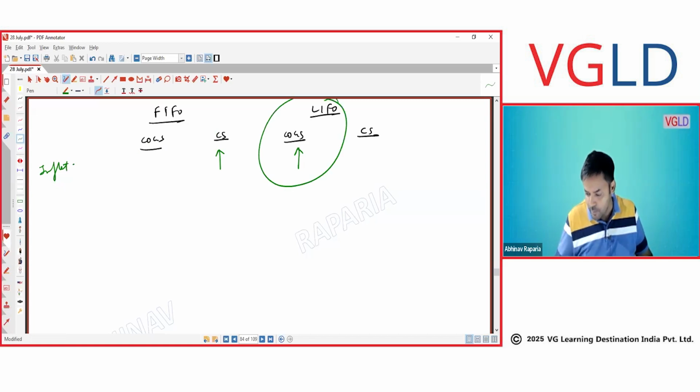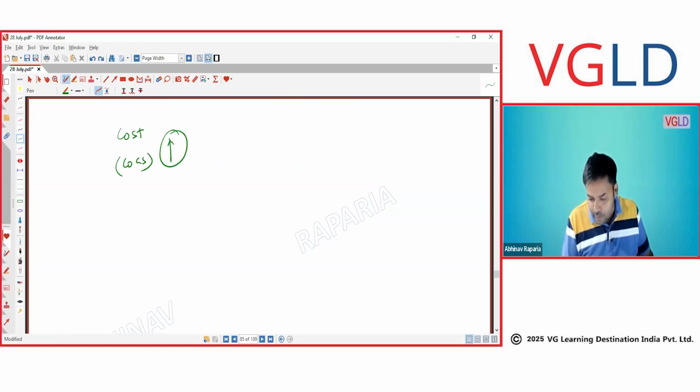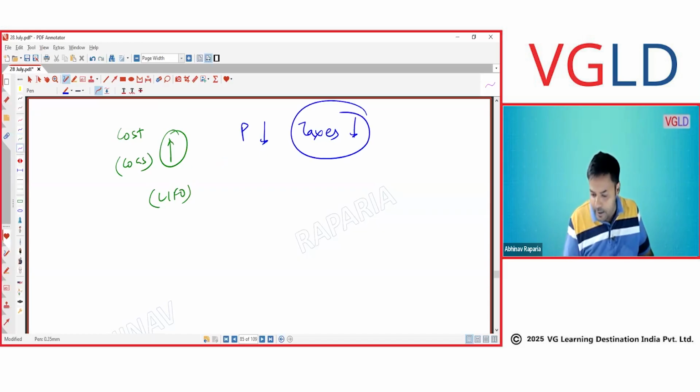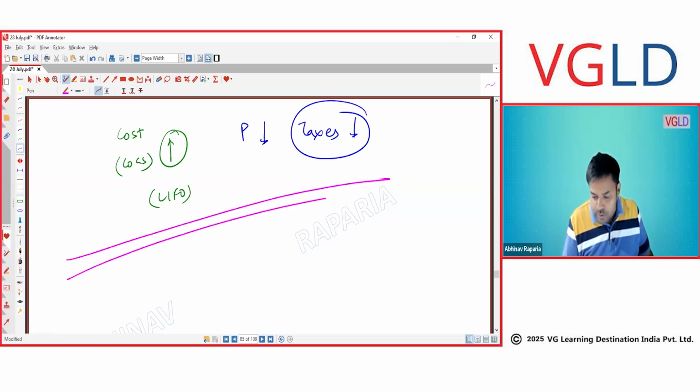So whenever my cost is higher, will your profit increase or decrease? Profit will decrease. When the profit decreases, will taxes increase or decrease? Tax will decrease. That is why people can use the LIFO for manipulating the taxes. Point clear what I'm saying?